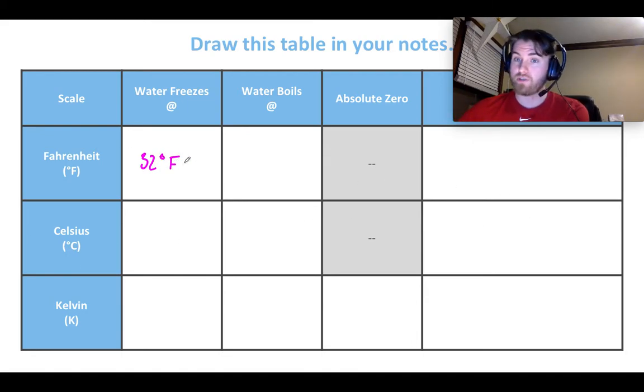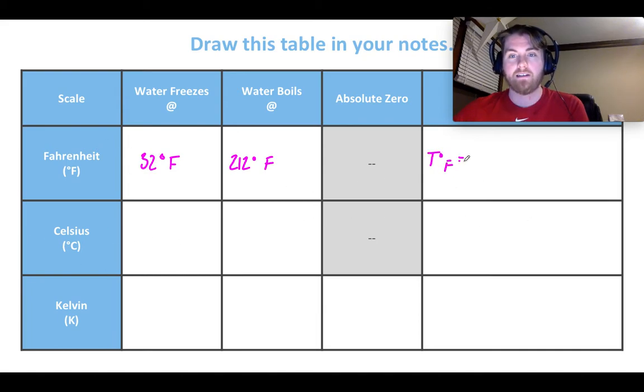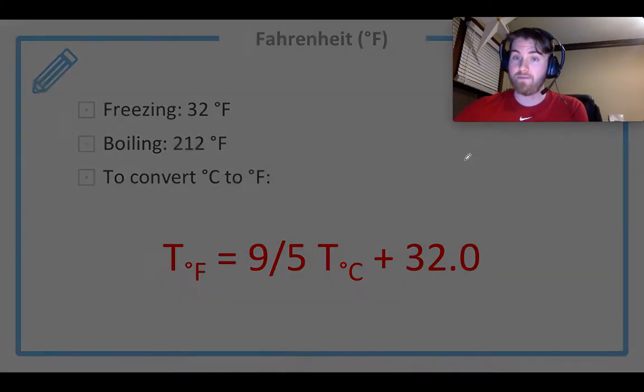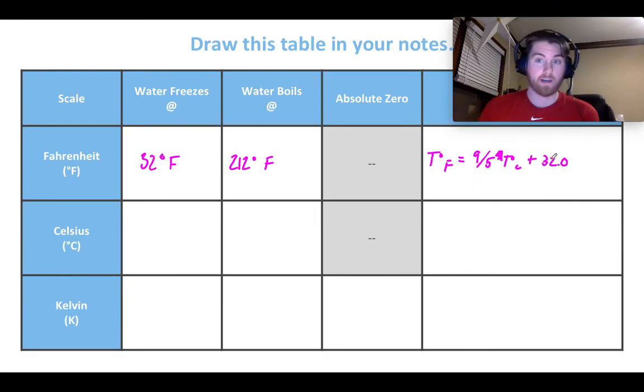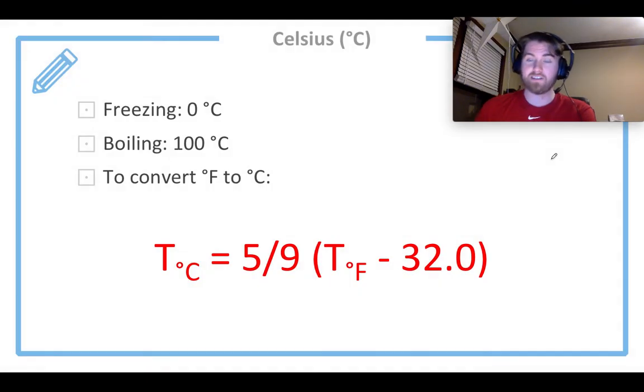The temperature at which water boils in Fahrenheit is 212 degrees Fahrenheit. And then finally, our equation: temperature in degrees Fahrenheit is equal to 9/5 times the temperature in degrees Celsius, and then you add on 32 in the end, plus 32.0. Okay. There's Fahrenheit. Let's go on to Celsius.